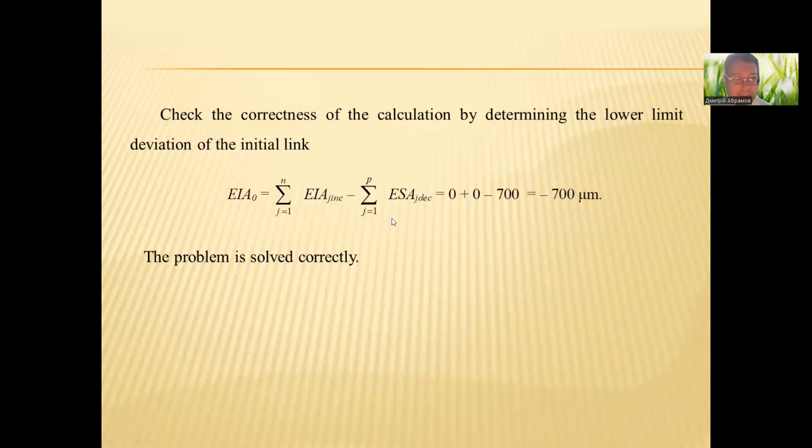And the last thing we must do is check the correctness of the calculation by determining the lower limit deviation of the initial link using the formula. Lower limit deviation of initial link will be equal this: the sum of lower limit deviations of increasing links.